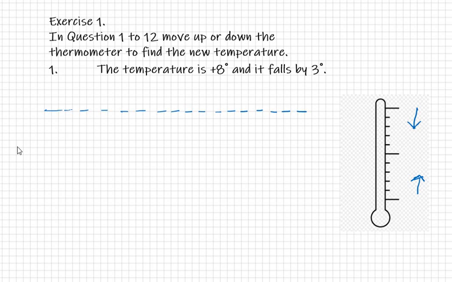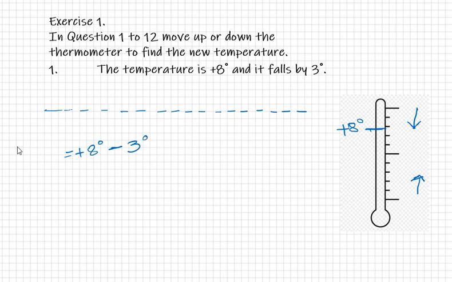Let's suppose in the first question he is saying that the temperature is +8 degree. So according to the scale, it is +8 degree. Now he says that it falls by 3 degree. So what is the new temperature? I am writing here the temperature is +8 degree, plus sign, falls mean negative, to the opposite side, -3 degree.